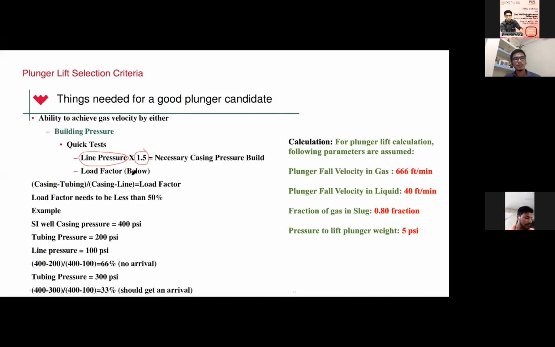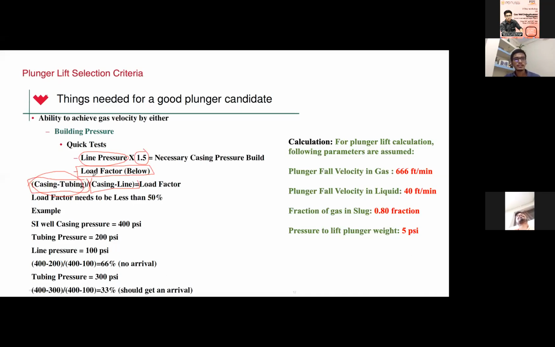And we have this load factor. Basically, load factor is the shut-in casing pressure minus shut-in tubing pressure, upon the shut-in casing pressure minus the line pressure. The casing-tubing pressure difference will decide how much liquid is there above the plunger.